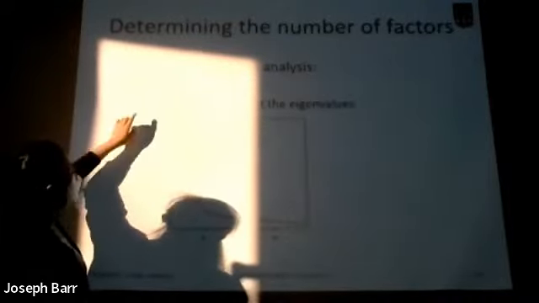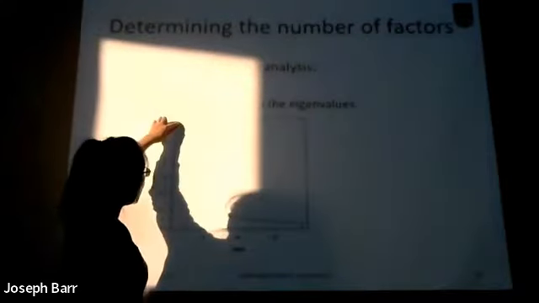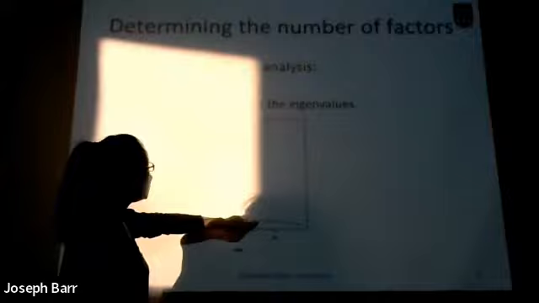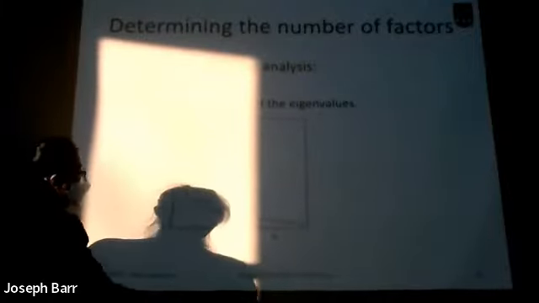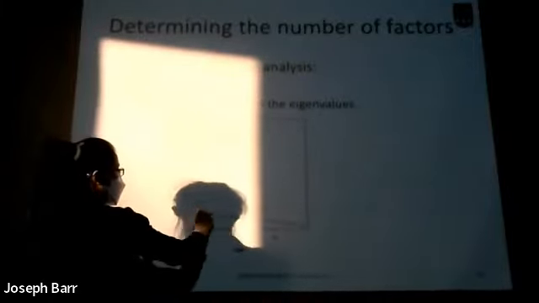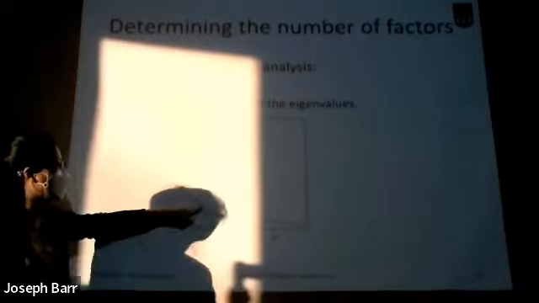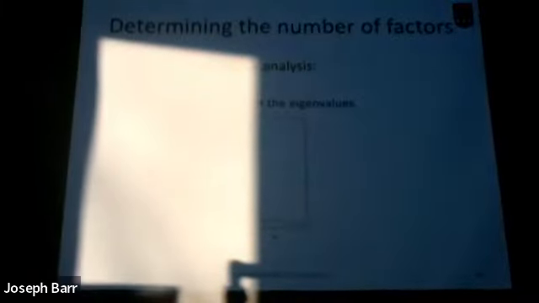This plot is called the Cattell scree plot. From the biggest one to the smallest one, we see a drop here.